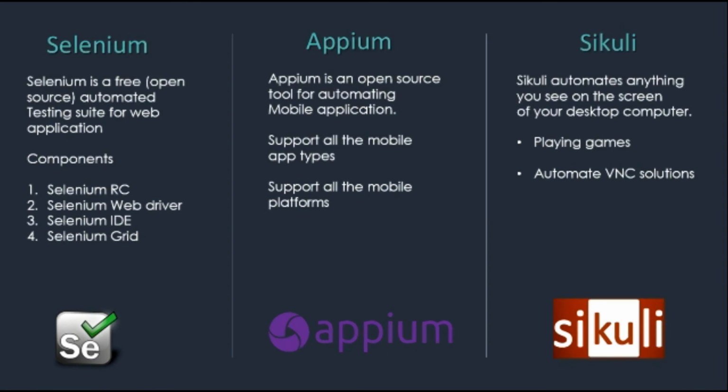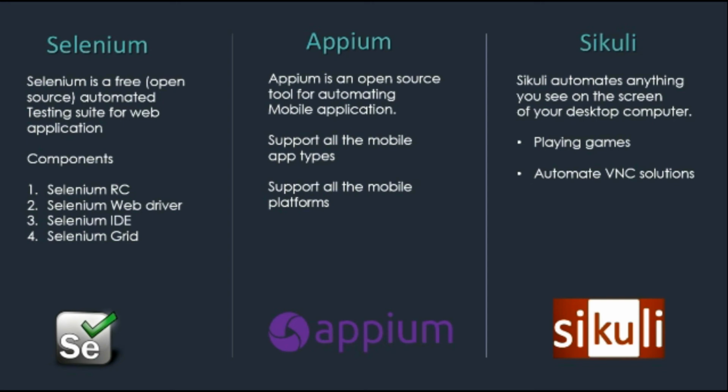The first one is Selenium. Selenium is an open source web automation tool. It's not just a single tool, it has 4 components. The first component is Selenium RC, or Remote Control. It's actually a previous version, and WebDriver is the successor of the remote controller. The second one is Selenium WebDriver.